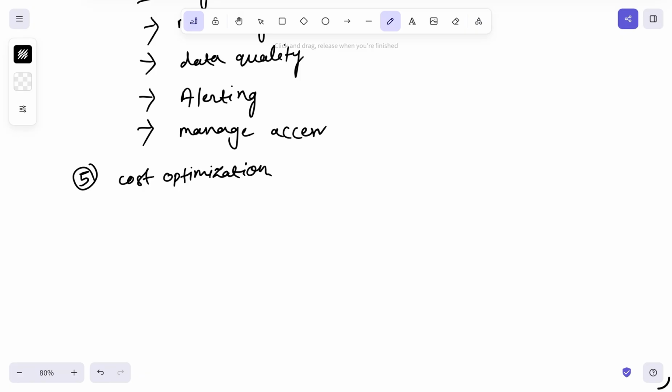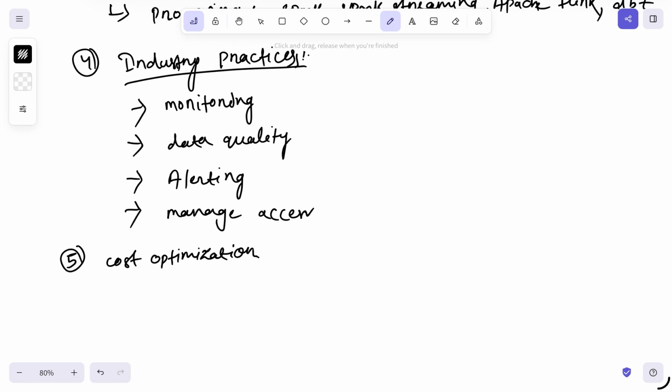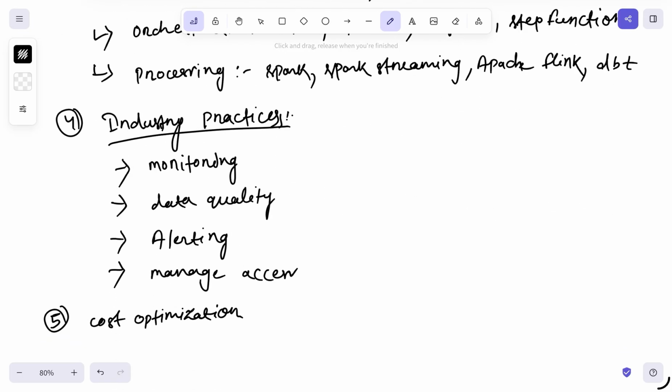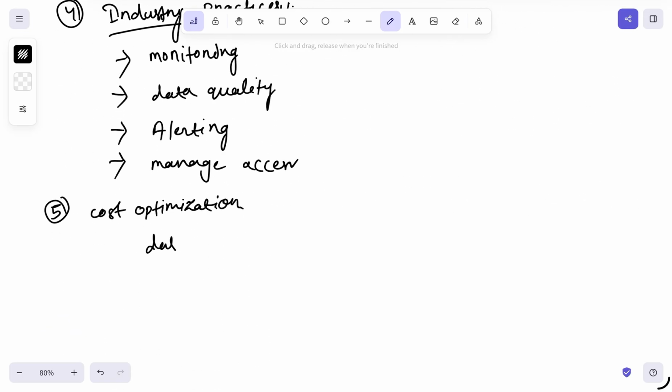Here we can discuss how you optimize the cost, how you reduce the cost of our system. For example, if we are using a data lake, we can use lifecycle policies.